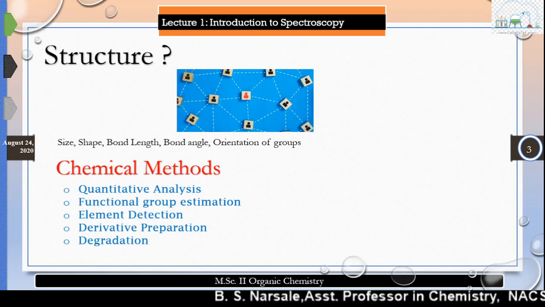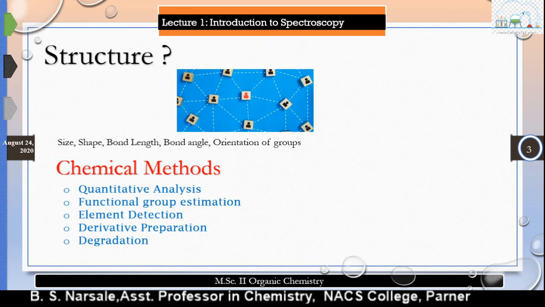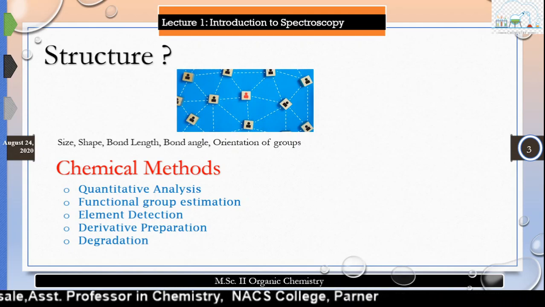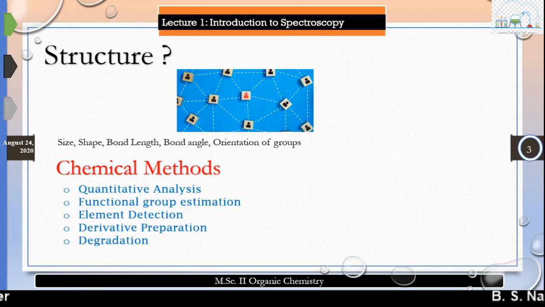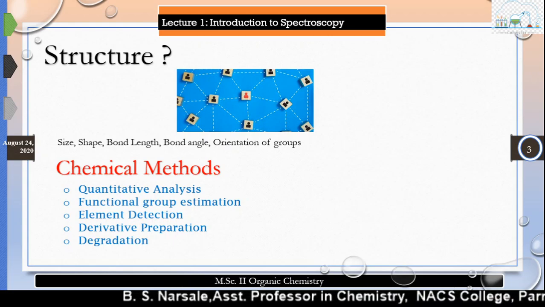Sometimes, to get an idea about the presence of double bond or triple bond, that is unsaturation in a structure, we also do reduction or degradation type of reactions. And moreover, chemical reactions or chemical methods we can choose to determine a structure.